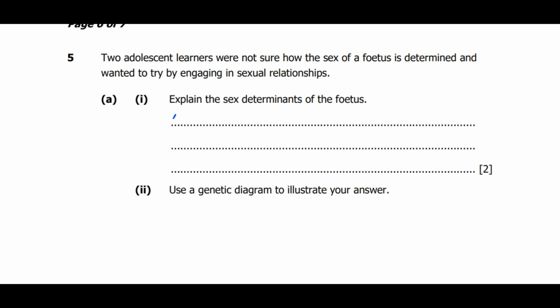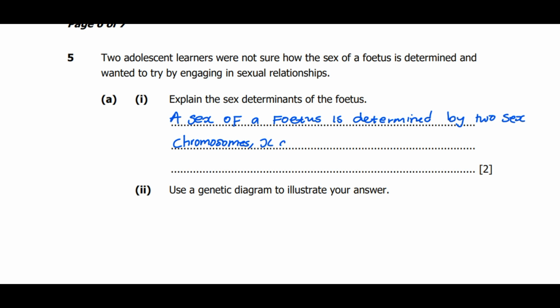So we'll say the sex of a fetus is determined by 2 sex chromosomes, X and Y. Now what happens if a fetus has 2 X chromosomes?